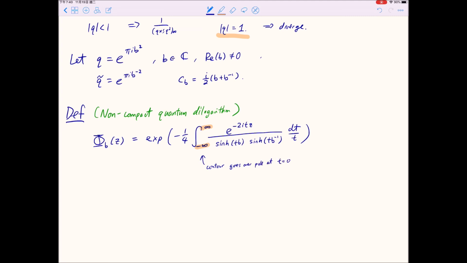So the contour will have a small semicircle going around t equals 0. And one can check that this integral will converge in the range when the imaginary part of z is less than the imaginary part of c_b.